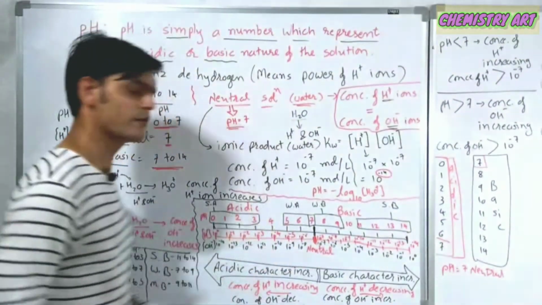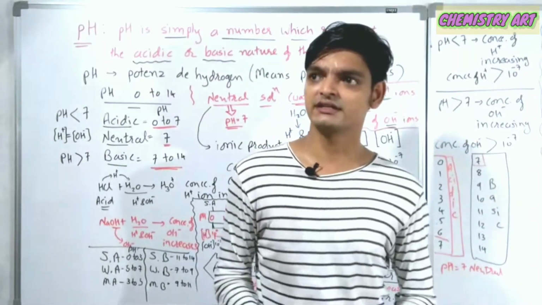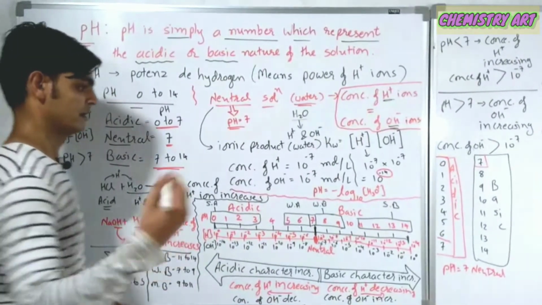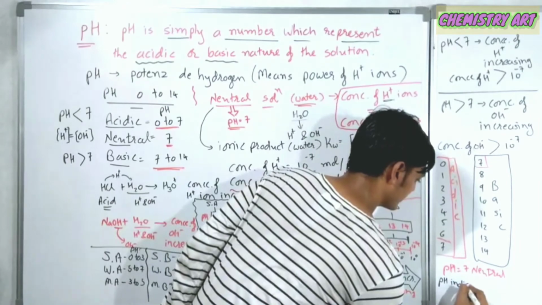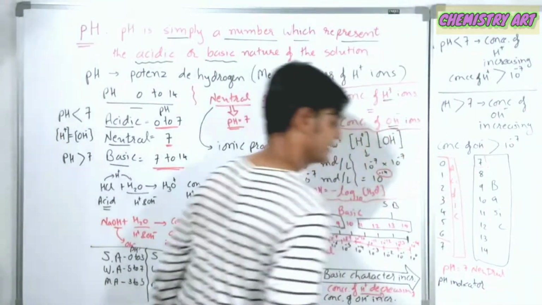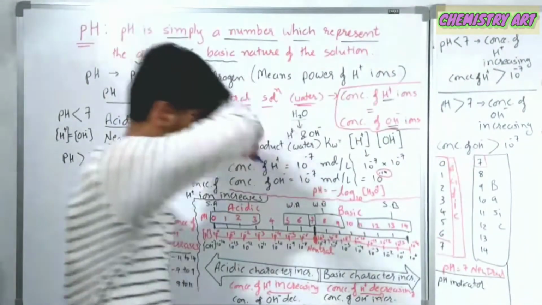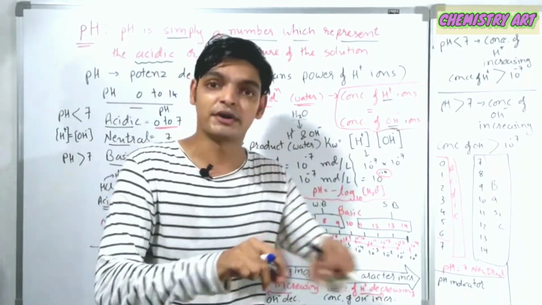And yes, you should also know how to measure the pH. We have different things to measure the pH. For example, we can measure the pH by the pH indicator, and it is the universal indicator. It is the indicator which, when we add it into the solution, will give a particular color.